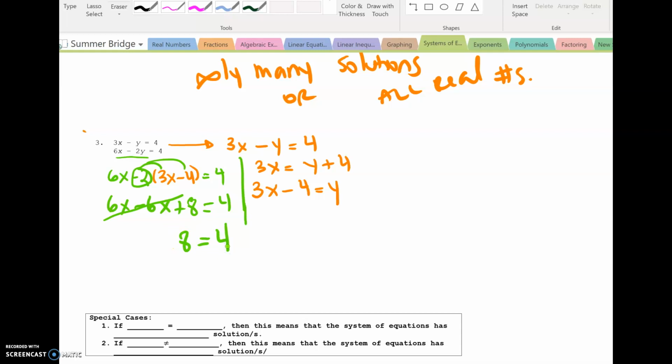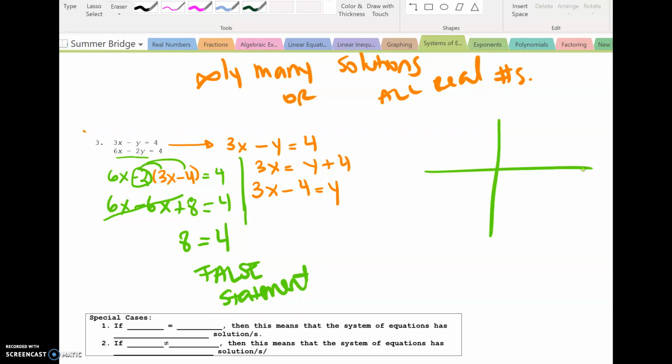Now again, I have to compare the two numbers. Is this a true statement? 8 can never equal 4 because they're two totally different numbers. So it is a false statement. Which means to say, if we were to graph these two lines, we would notice that this would be like -4 there, and this would be again positive slope, so it would be something like that.